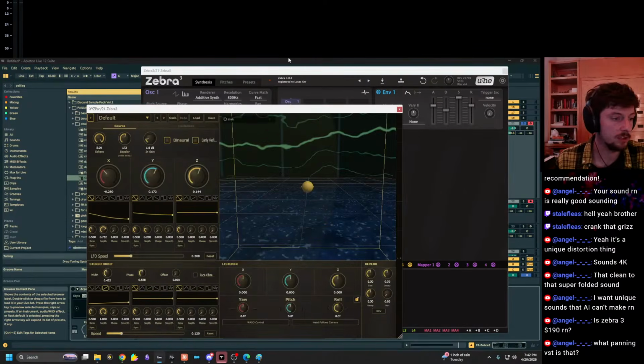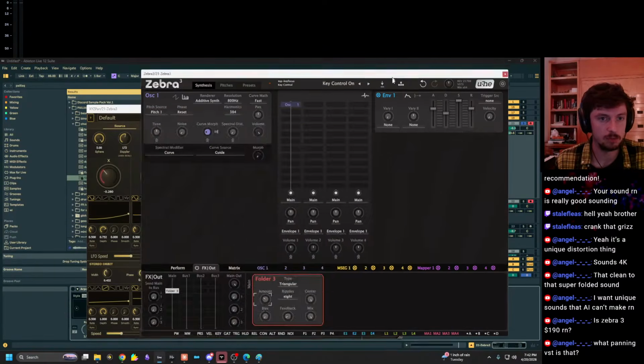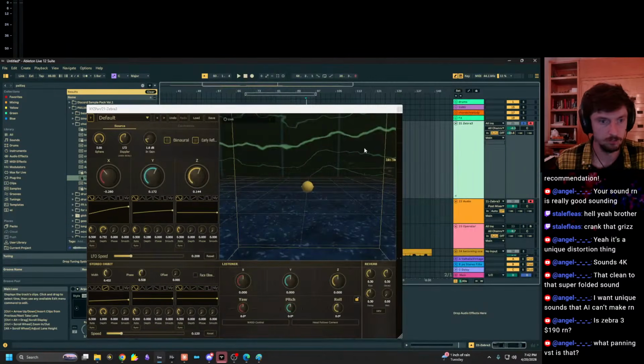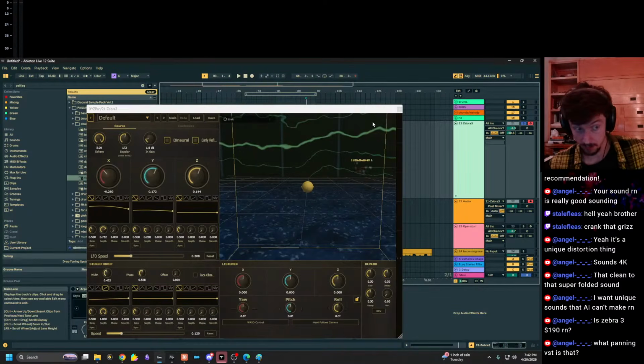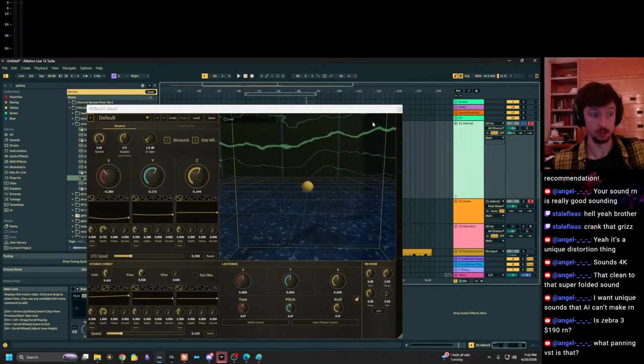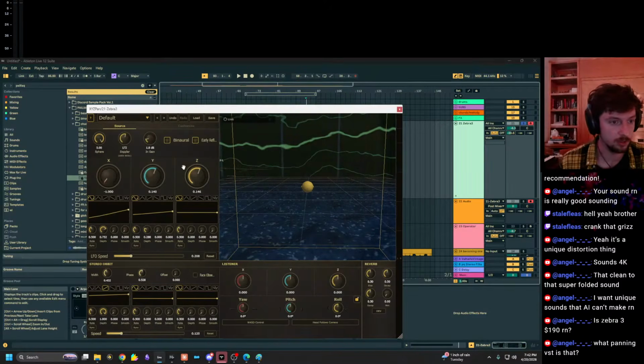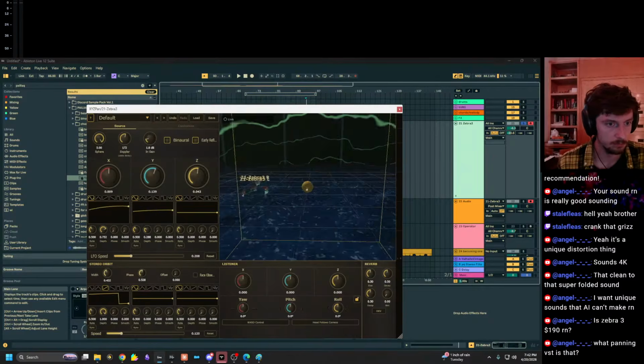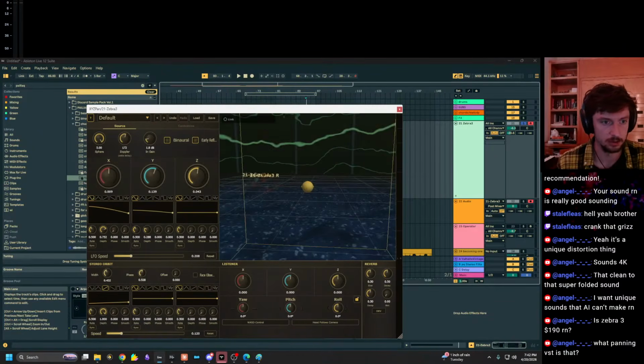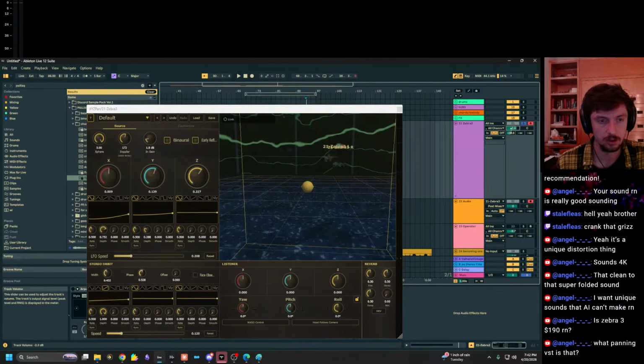The panning VST, this is a VST I am currently developing. If I actually work hard and stop producing music and streaming all day, I should have this released sometime in the next week. It's a 3-dimensional panner, so you can pan things like above your head. Some sounds work better than others.